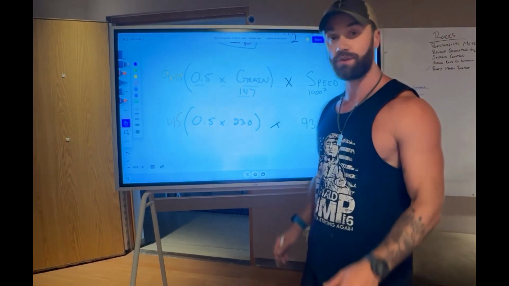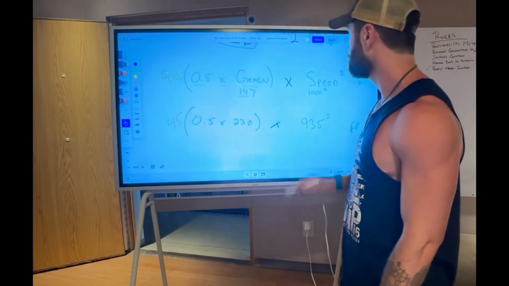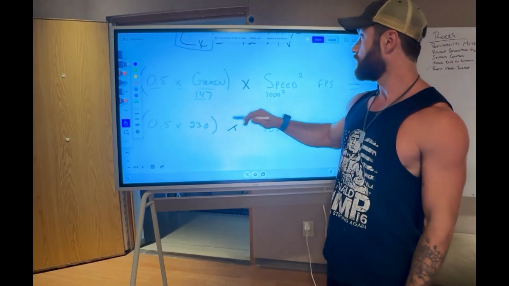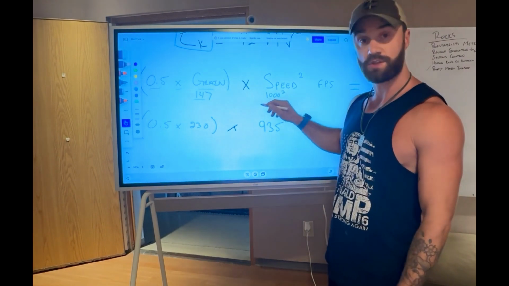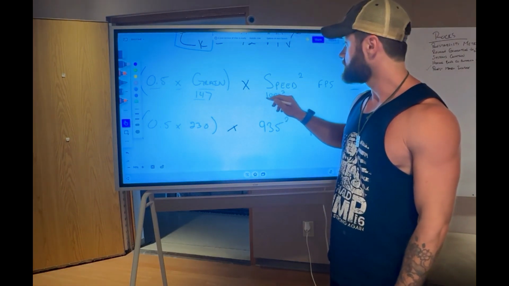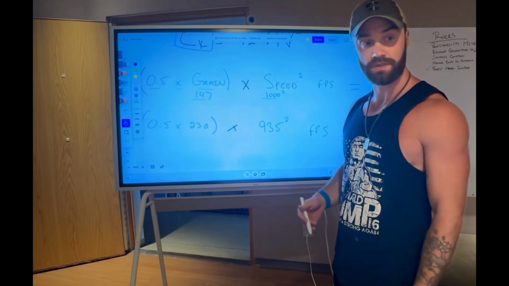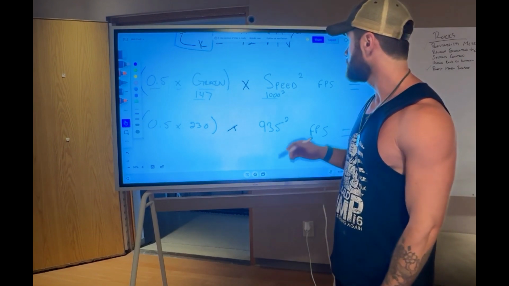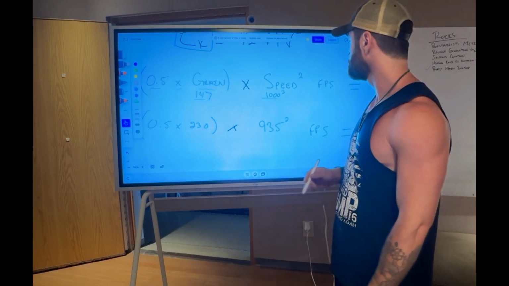In this case, we're using a 147 grain 9mm round. We are going to times that by the speed. The speed here is 1,000 feet per second. Remember, FPS is what we're measuring this in. 1,000 feet per second squared, so to the exponential.